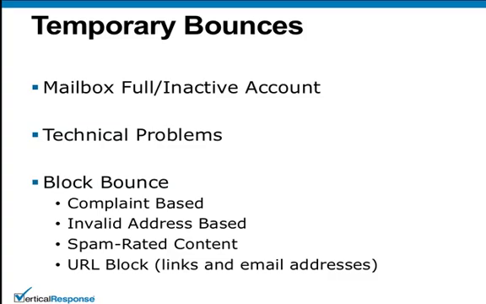Invalid addresses. If you're mailing to too many user unknowns, and I get into this a little bit later, this is really seen at small domains, B2B domains, where they have a really low threshold for invalid address type bounces, because this can be indicative of a dictionary spam attack. Their email network's going to be a little bit more strict to protect their smaller business users.